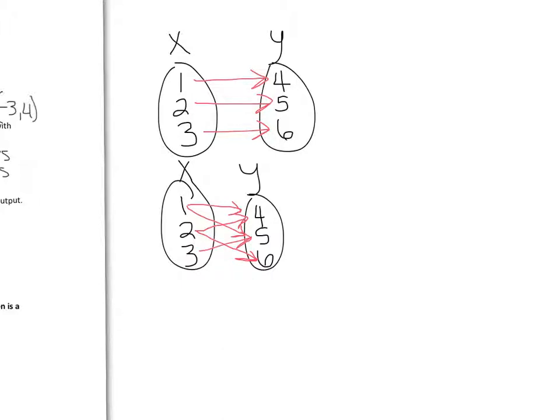What I want you to notice here is that the 1 is mapped to two places. The 2 is mapped to two places. And although the 3 is just mapped to one place, since these two are mapped to two places, that automatically makes this not a function. Every x must be mapped to exactly one y.